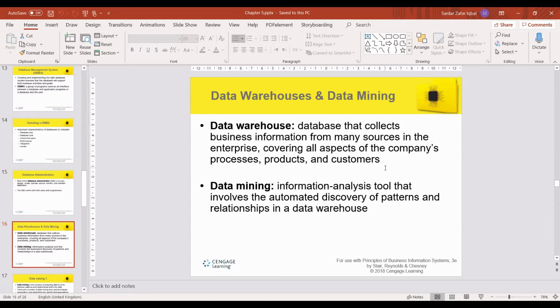And data mining, you are digging into the data to find the related data. Okay? You want to discover some pattern of the data. For example, I want to know what is the most favorite product of the customers. Which phone is more liked by the people.